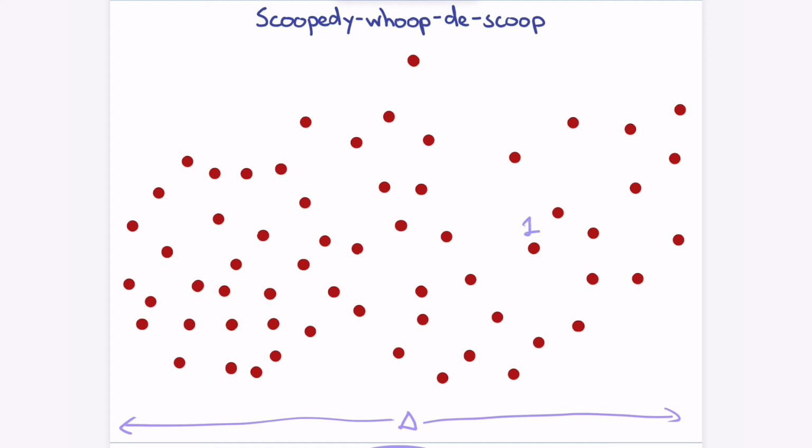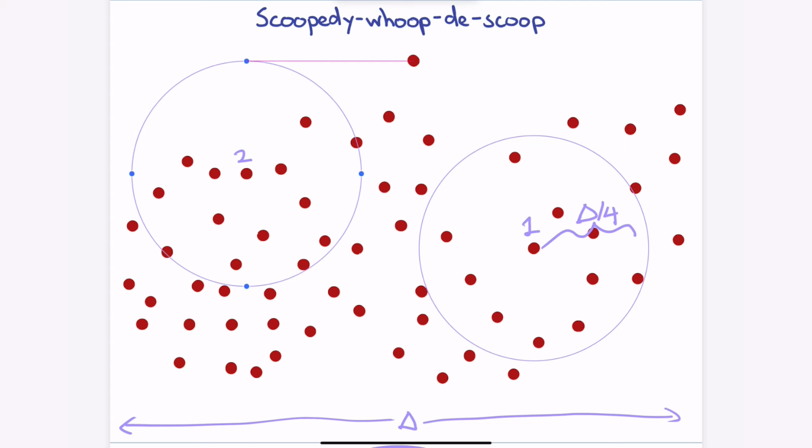And then imagine scooping out all of these points. Then whatever's the next randomly chosen point, you scoop all of these out, like this. And you keep doing this.